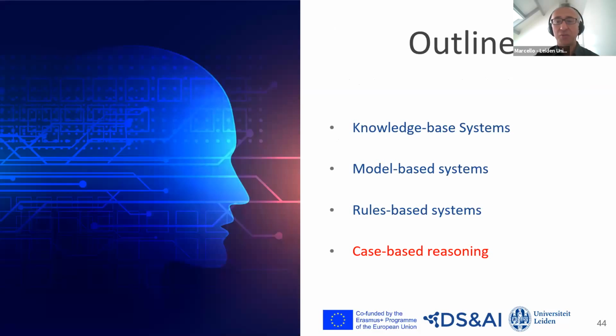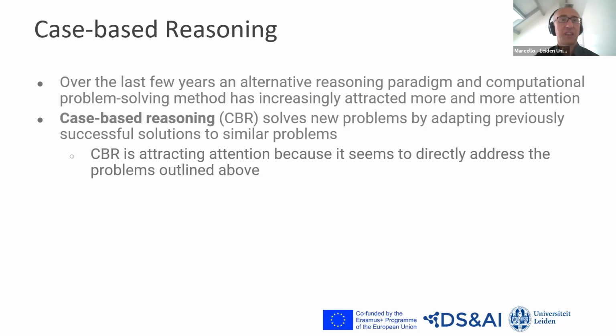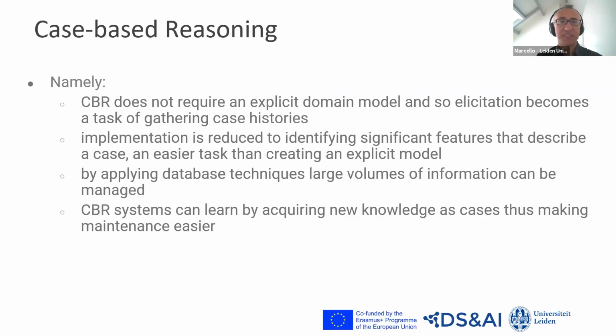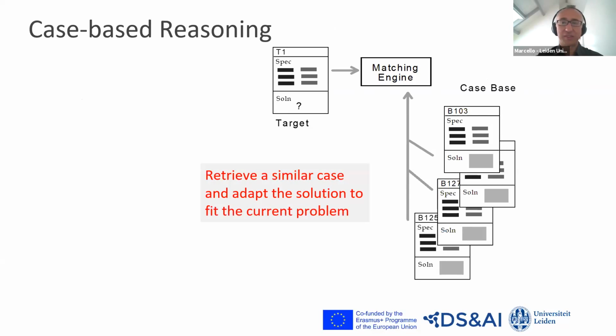Then you go to case-based reasoning. That's basically learning by examples. You don't have rules, but you have a case base, a set of examples, and then you have some way of matching what the environment gives, and this matching need not be precise.